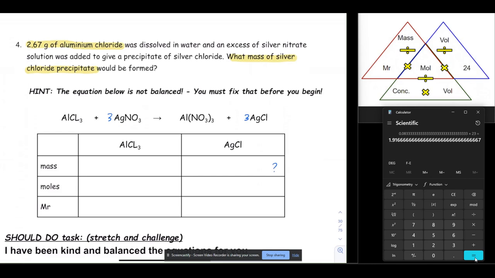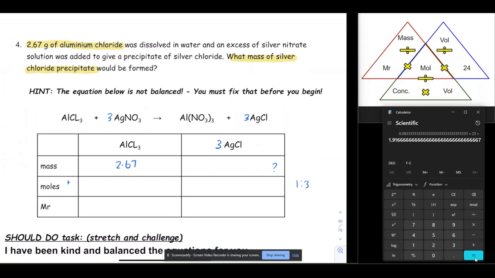So here I need to make sure that I put a big 3 here as well because that is my molar ratio. My molar ratio is 1 to 3. I've got, for every 1 mole of aluminium chloride I've got 3 moles of silver chloride. Now let's plug in what the question tells us. The question tells us I've got 2.67 grams of aluminium chloride.